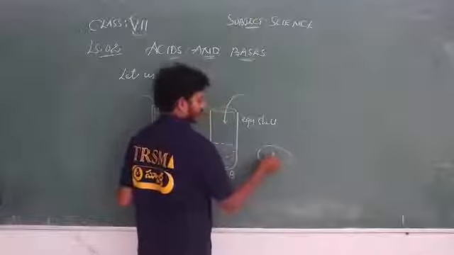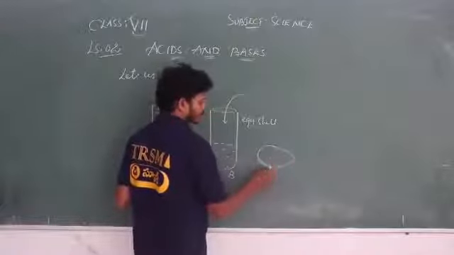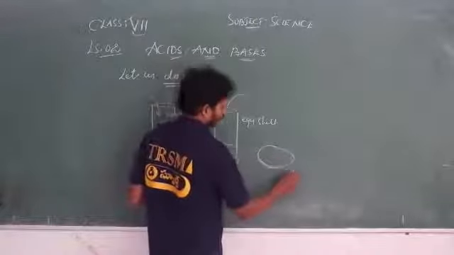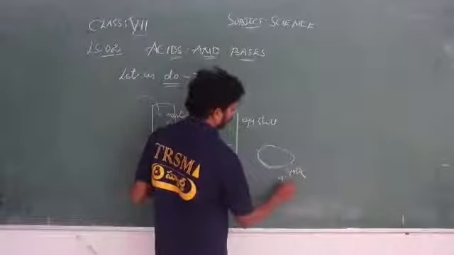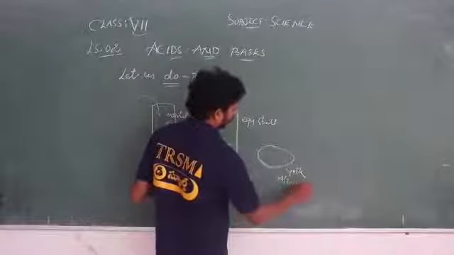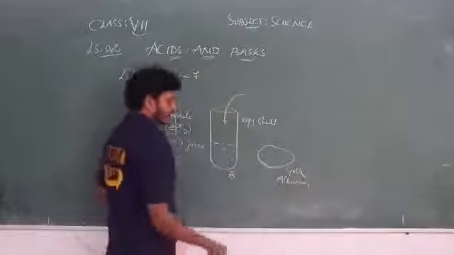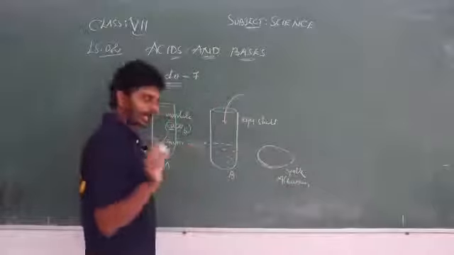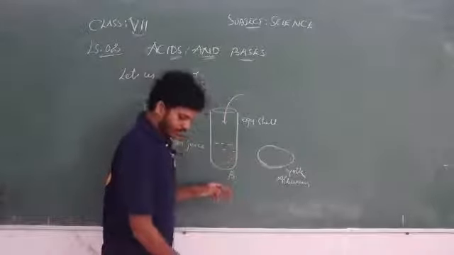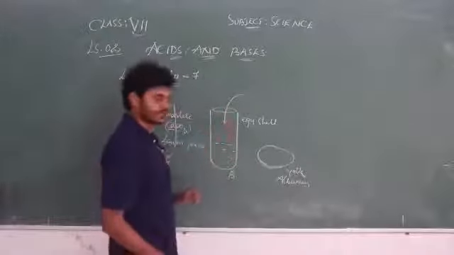The inner substance which is present, that is yolk and albumin, both are taken out. Only this shell, that is the outer hard shell, is added into this test tube.